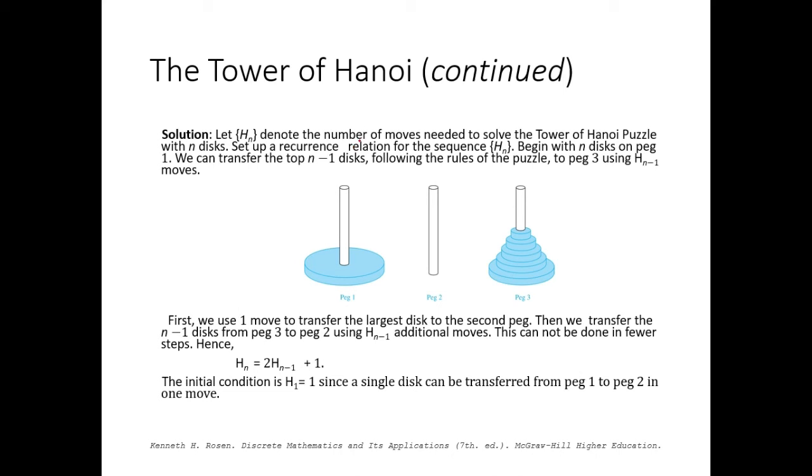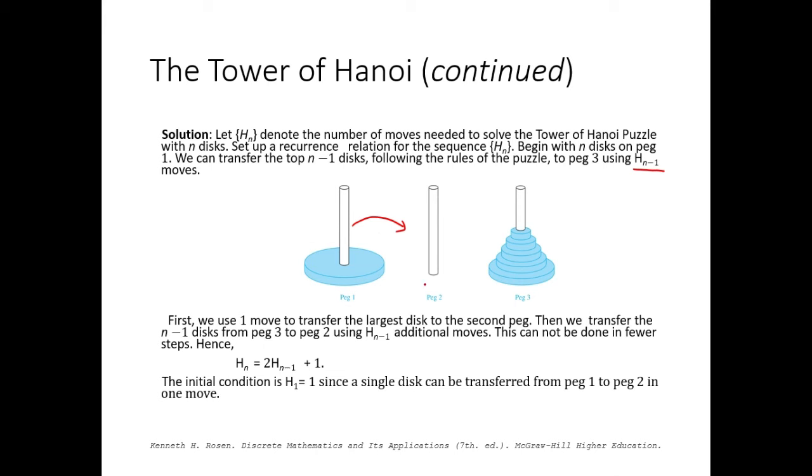That is, you have the larger disc left on the first peg, and you move all the other discs to peg 3, which is called the auxiliary peg. Let us say that the number of moves required to move these n minus 1 discs is h_{n-1}. Now, using one move from peg 1 to peg 2, we can move the larger disc.